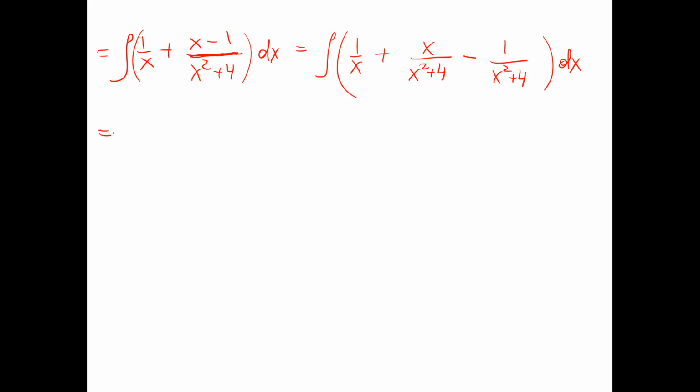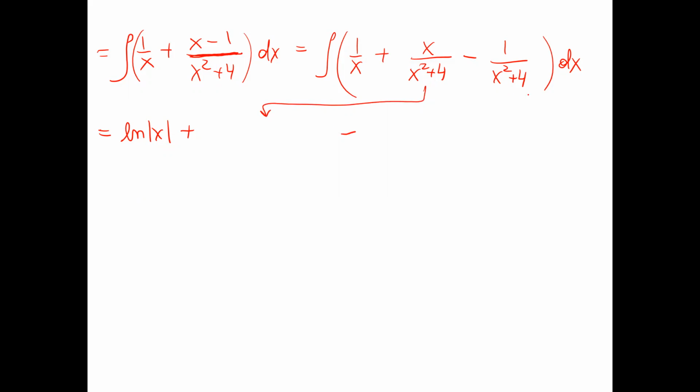Okay, in the first integral, 1 over x is just natural log of absolute value of x. Excellent. And the middle part, we will probably do the u substitution. Yes, we can see that it will work, which we will do in a minute.